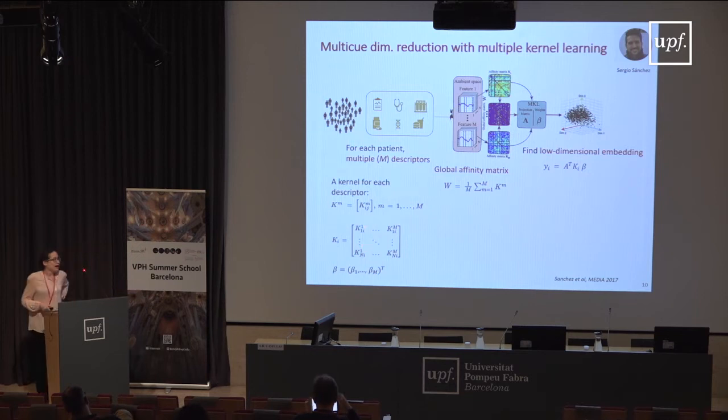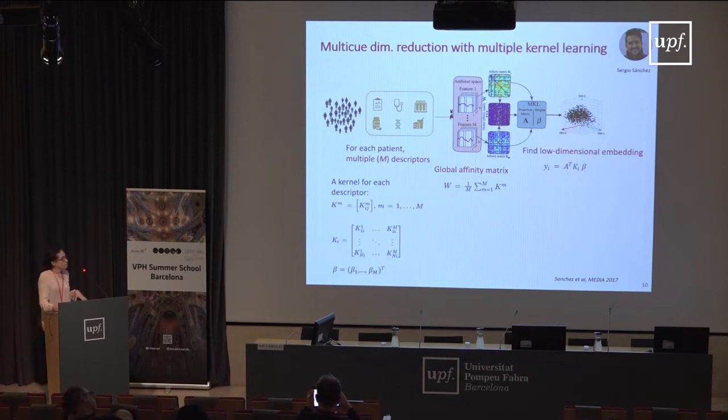Okay? And because at the end I wanted to combine these different descriptors, I'm going to combine them, in this case with a weighted linear combination, with these weights that are going to be assigned to each of the descriptors.